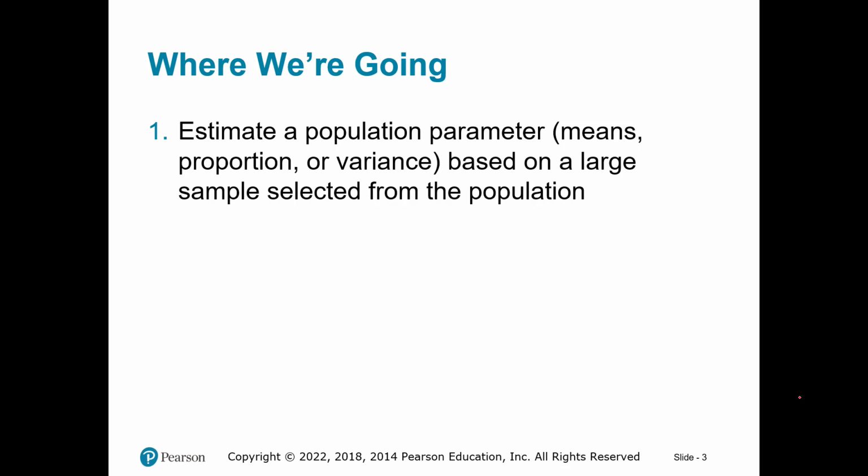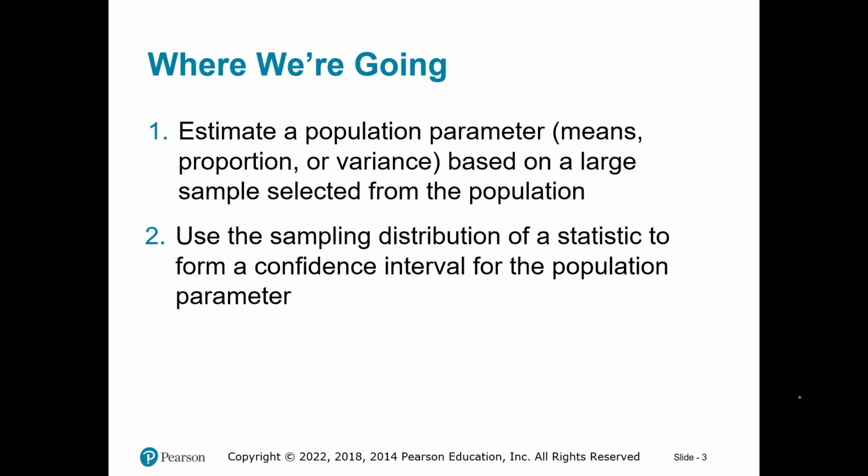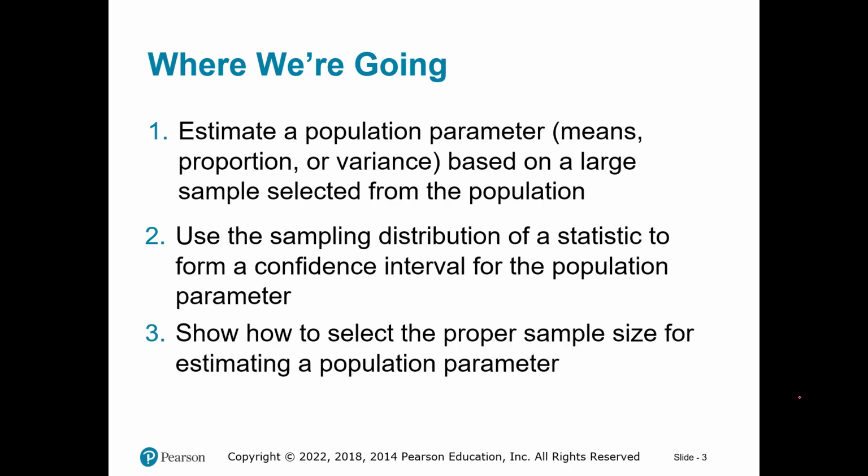We are trying to understand how to estimate a population parameter based on a large sample selected from a population, use the sampling distribution of a statistic to form a confidence interval, and show how to select the proper sample size for estimating a population parameter.